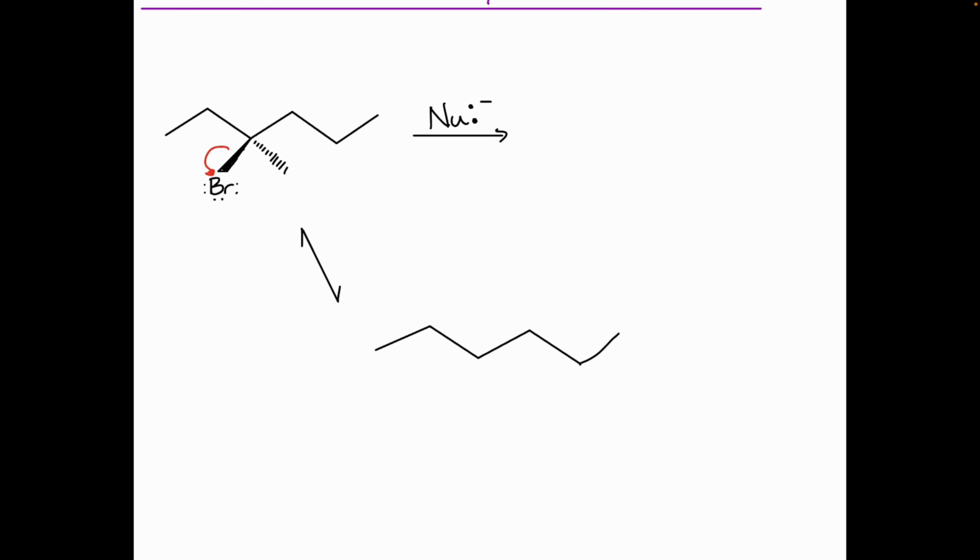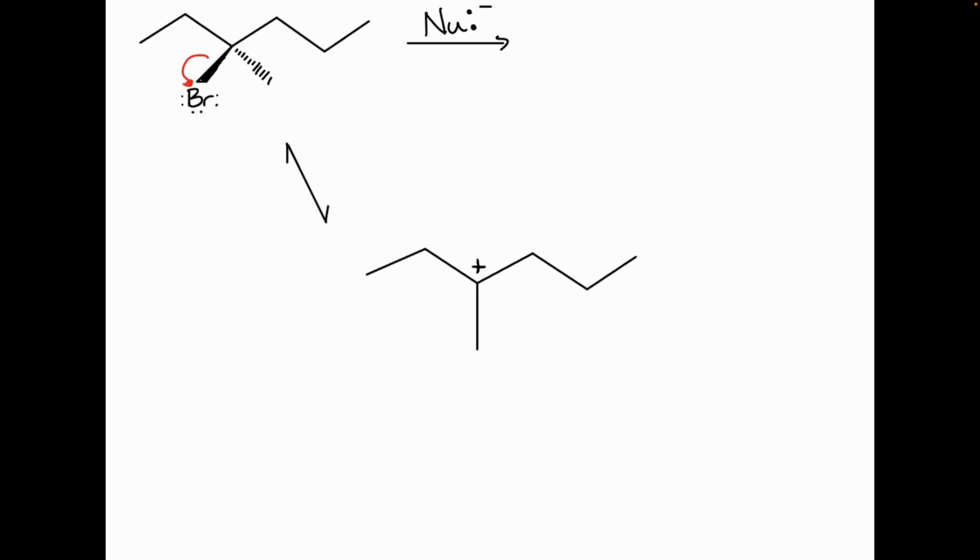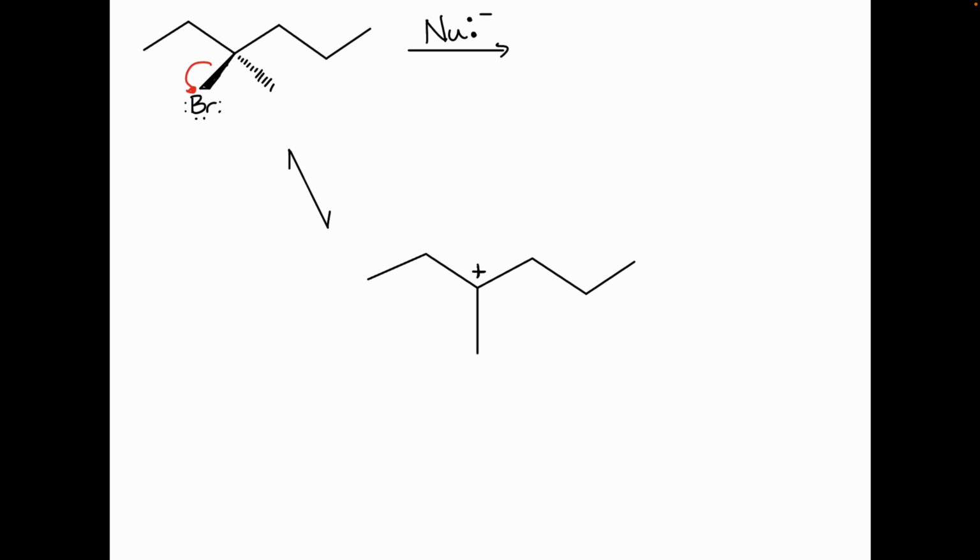That carbocation intermediate does not have that same tetrahedral geometry. It is instead a trigonal planar geometry, which means that my nucleophile will 50% of the time attack from one side and the other 50% of the time attack from the other side, giving us a racemic mixture.